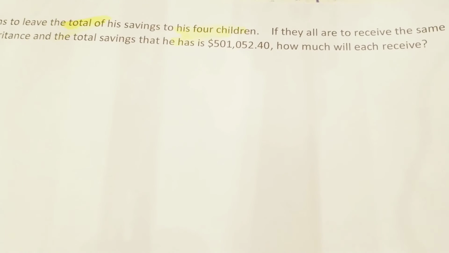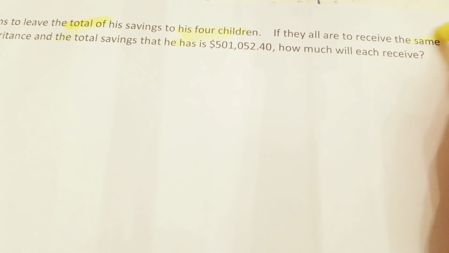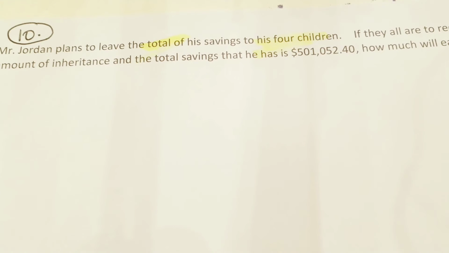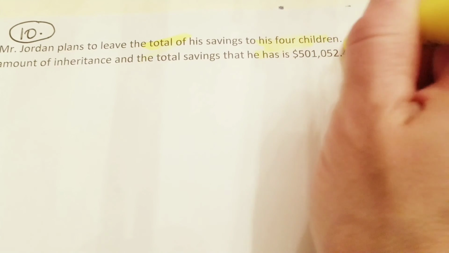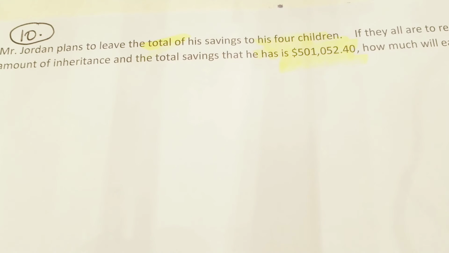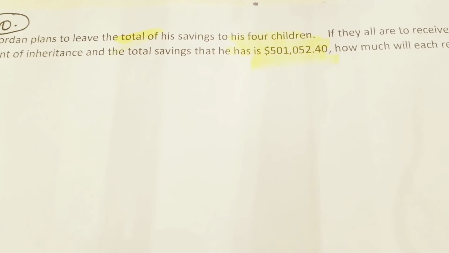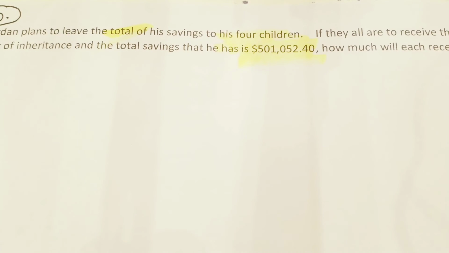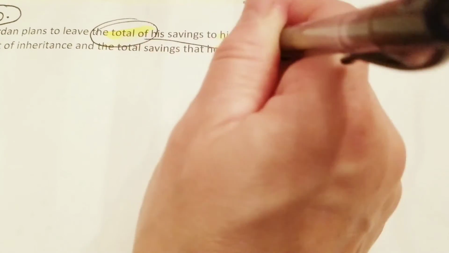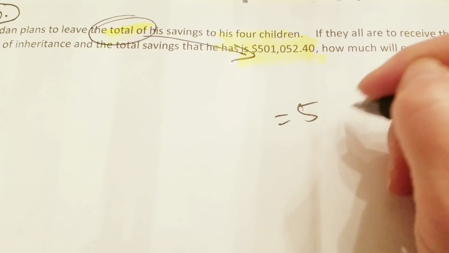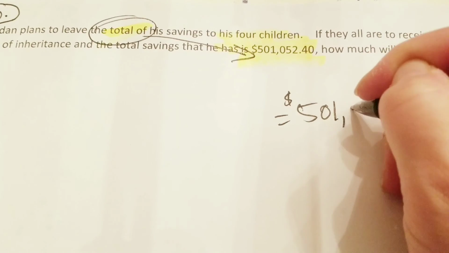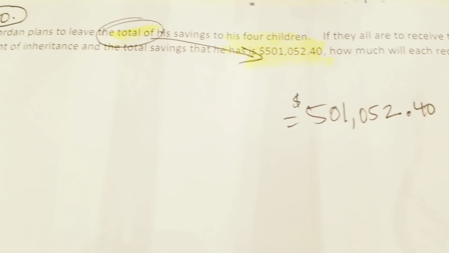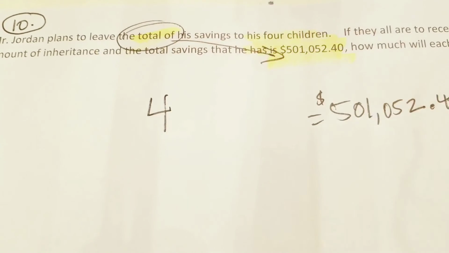If they are all to receive the same, that's important, amount of inheritance, and the total savings that he has is $501,052.40, how much will each receive? Okay, so we have a total, $501,052.40, and they're dividing it by 4 children.